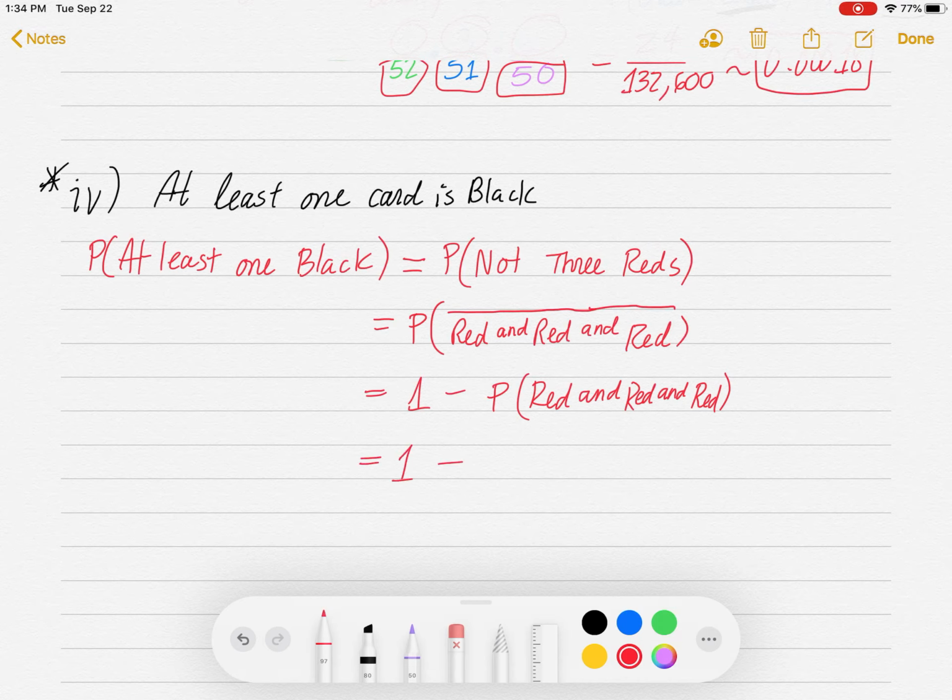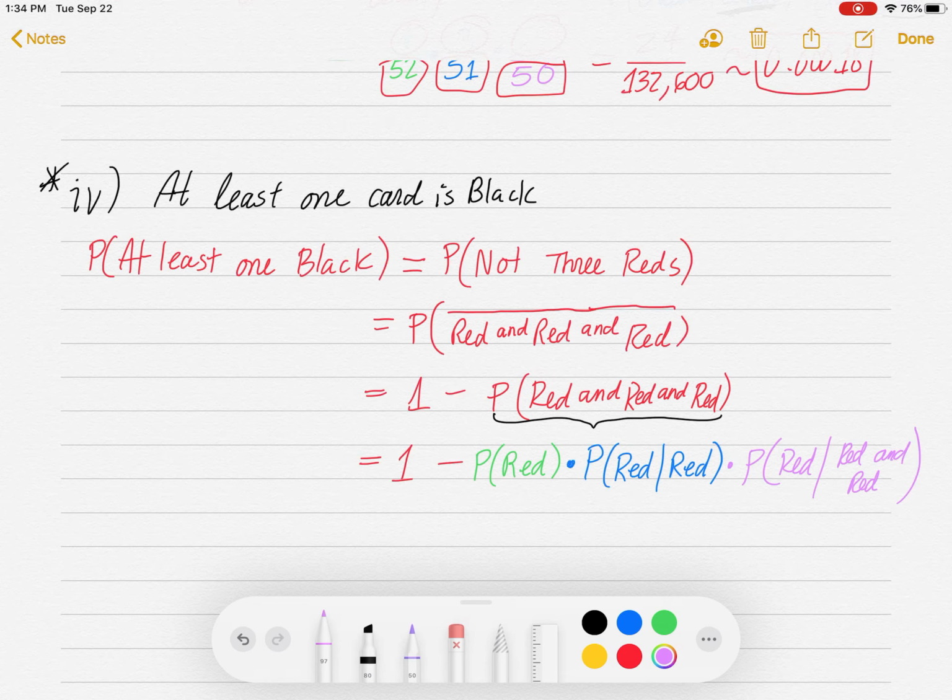All right, so I'm going to have here 1 minus, so we're going to focus on the probability of getting here red and red and red. So we'll start with green. That's the probability of getting red using the multiplication rule times the probability of getting red, given that I got a red the first time, times the probability that I get red, given that I got red the first and second times.